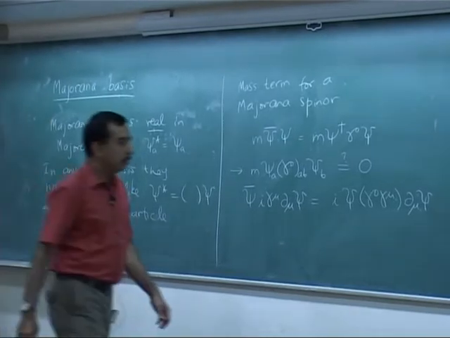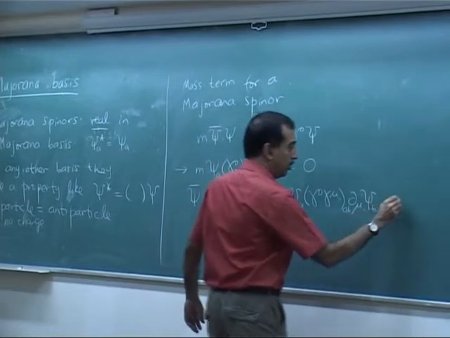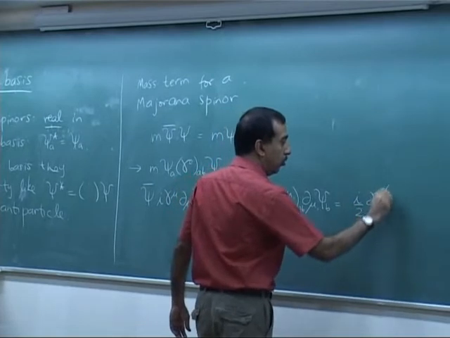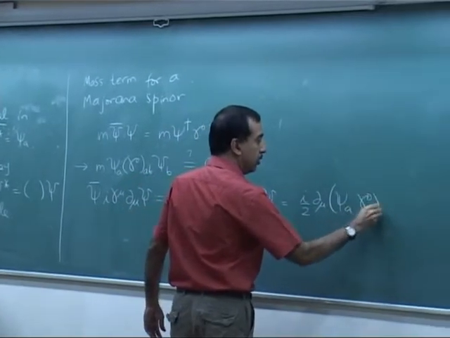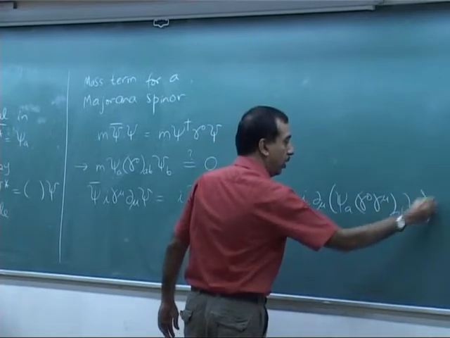In that case, this is equal to i/2 del_mu of psi_a, (gamma 0 gamma^mu)_ab, psi_b.